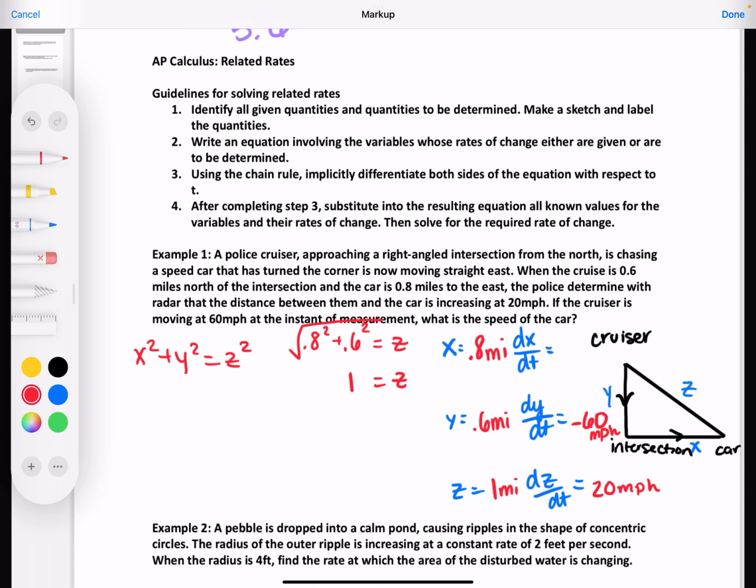They won't always all be in there, but we want them there if we have them. Okay, so 2x dx dt plus 2y dy dt is equal to 2z dz dt.